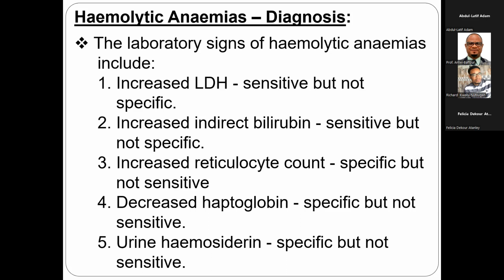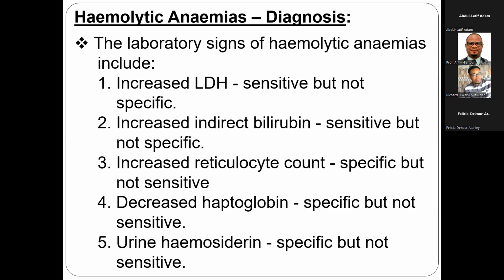Yes. But LDH is not only found in red blood cells, so we have other types. So it's not specific to red blood cells, but it's sensitive. But it's not specific because it's not only found in red blood cells.